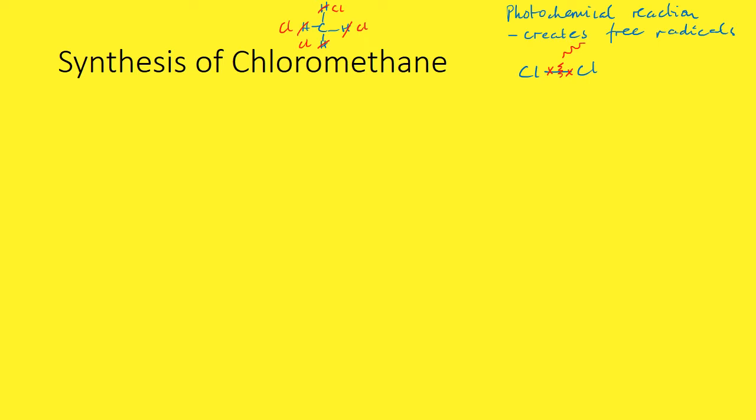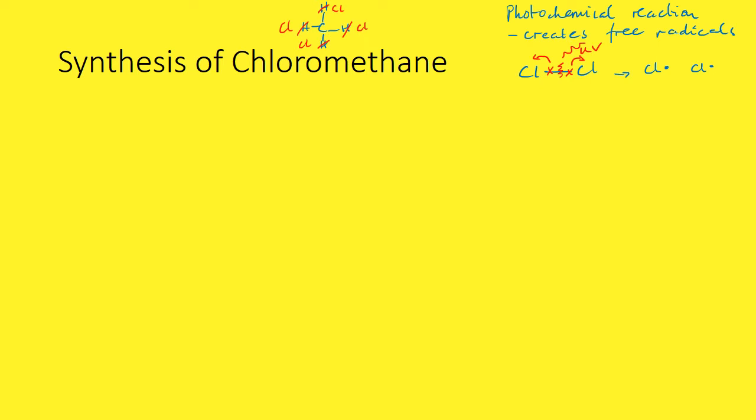If that's ultraviolet radiation, it's just the right energy to break that bond. And so this electron returns to this chlorine atom, and that electron returns to the other chlorine atom. And so you end up with 2 chlorine atoms with their unpaired electrons. And so the unpaired electrons are drawn as a dot, so that you would have 2 free radicals like that.